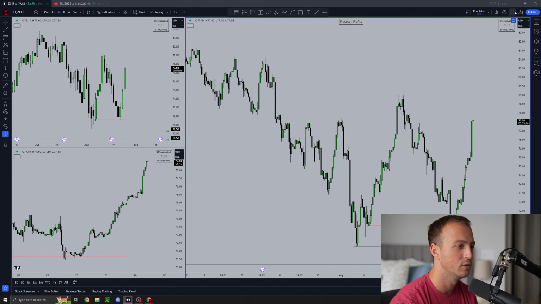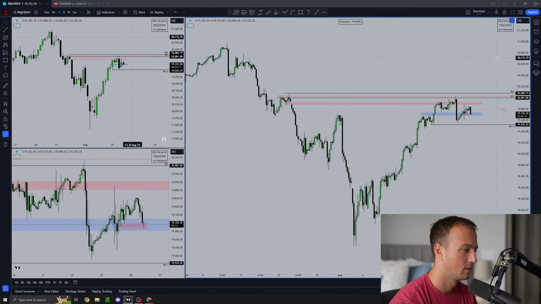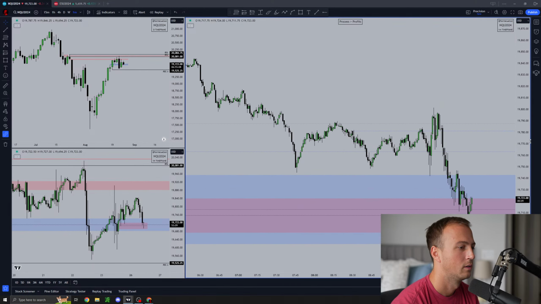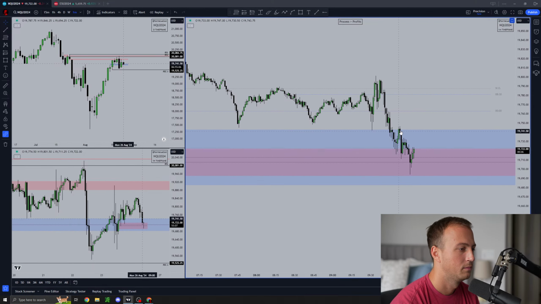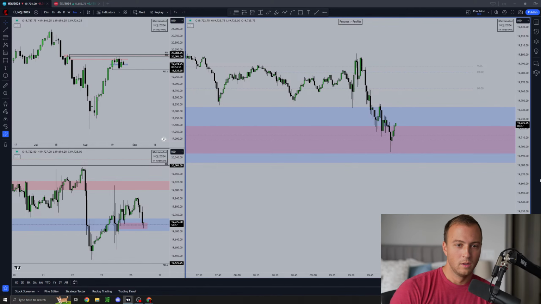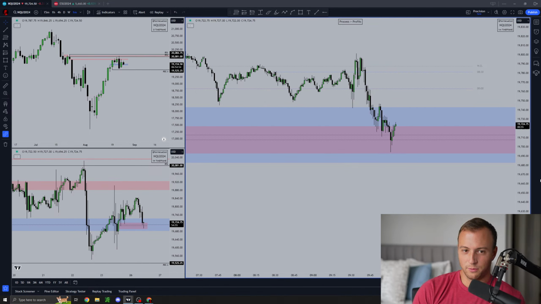Let's go pop back over to NASDAQ real quick. 1 minute chart. Kind of up and down. Yeah, I really don't have a read on the draw.